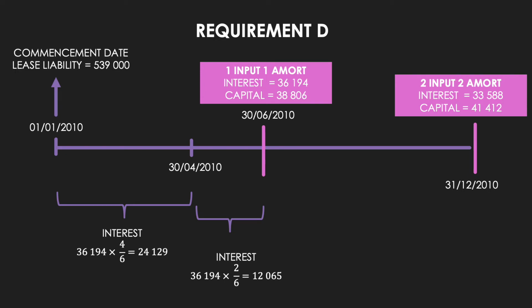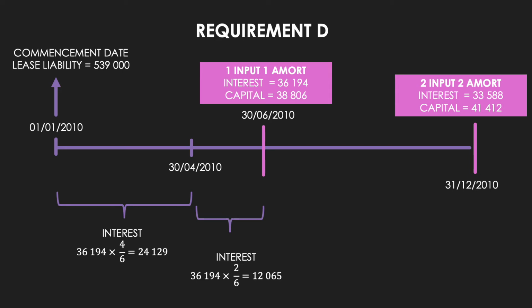So you will see all the little purple marks, the light or the dark purple marks, I guess, those represent the year end, whereas the more pink marks represent payment dates. So we know that the commencement date of the lease is the 1st of January 2010.